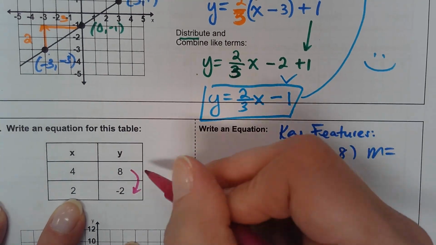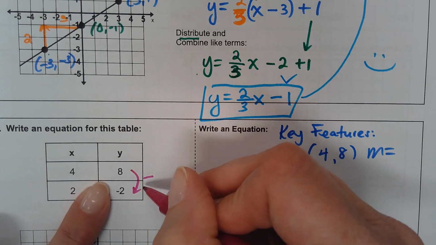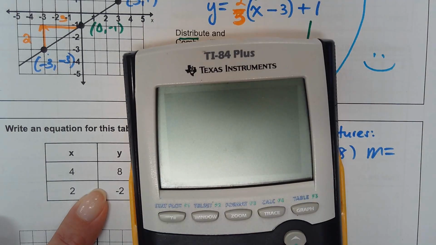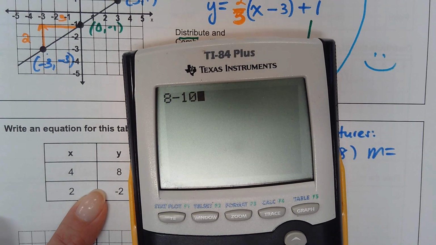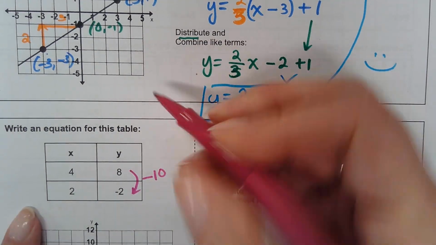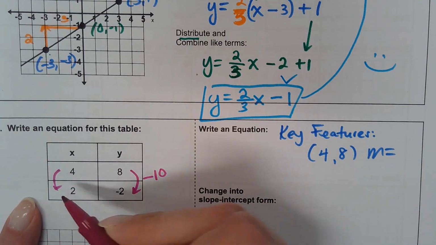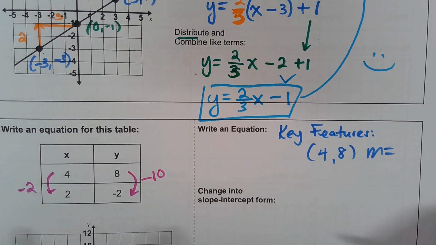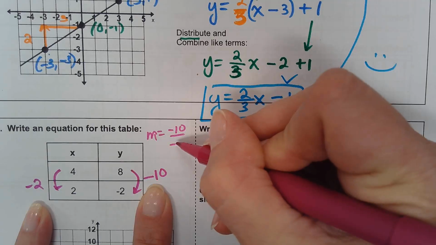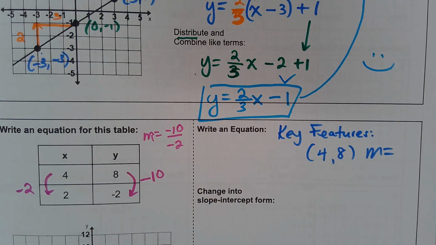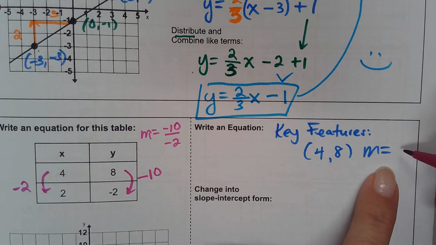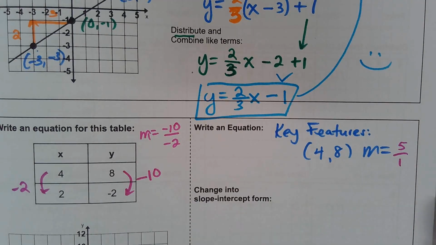This is going down. 8 minus how much makes -2? 8 minus 10 makes -2. So we have -10 here, and this is also going down -2. So when I write my slope, -10 over -2. Can we reduce that slope? The reduced slope is 5/1.